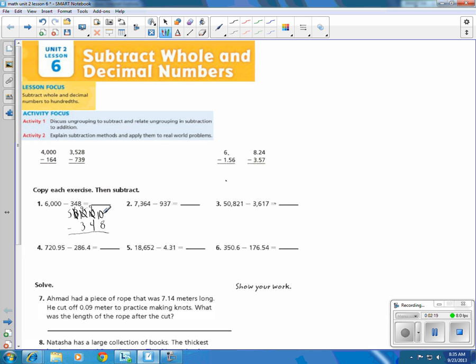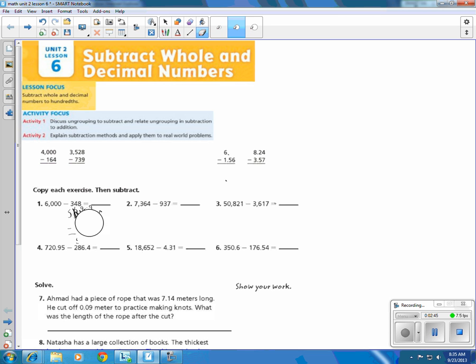Now I have 10 minus 8. So now I can subtract. 9 minus 4 gives me 5. 9 minus 3 gives me 6. And then the thousands place is just 5. There's nothing being subtracted. So our answer would be 5,652.